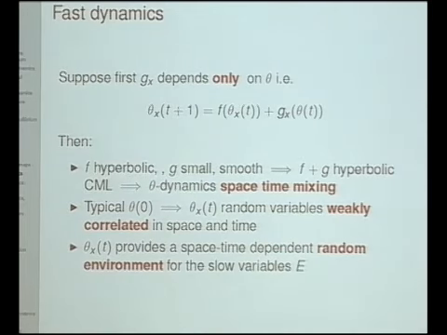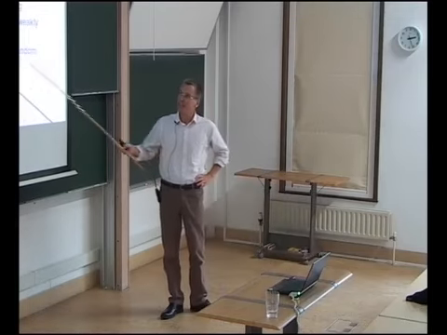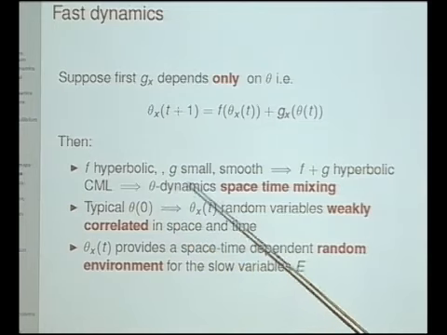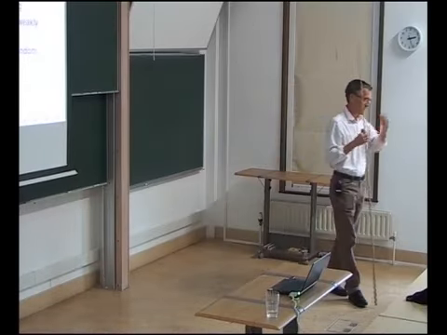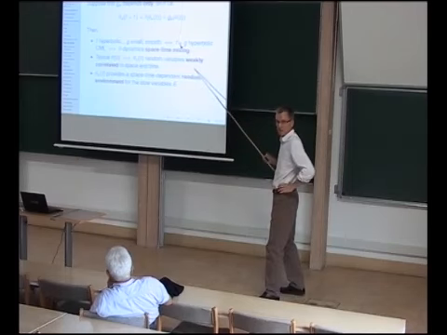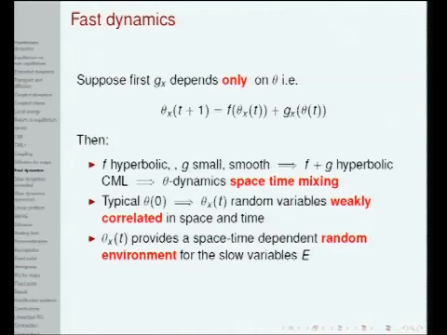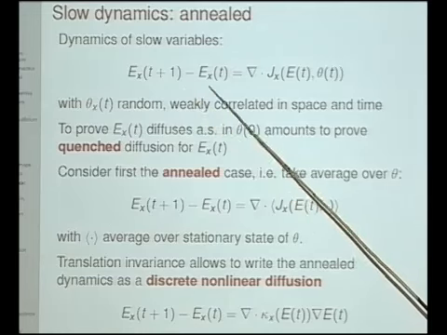That means that if I pick a typical initial condition, then the resulting trajectory is a random process which is weakly correlated in space and time. So if I transport Lebesgue measure of these in time, that translates into trajectories which are weakly correlated in space and time. So these thetas act like noise with weak correlation in space-time. They provide a random environment for the motion of these energies.